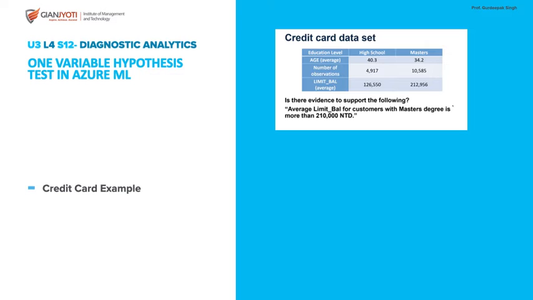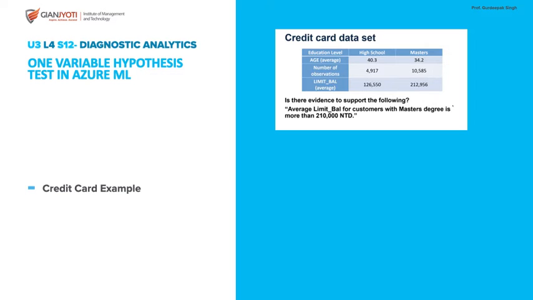So we segregated the credit card data of 30,000 into high school and masters. And this is the age, the number of observations for high school, and this is the limit balance for the high school clients, and this is for the masters. Now, what we would like to do is: is there evidence to support the following claim?